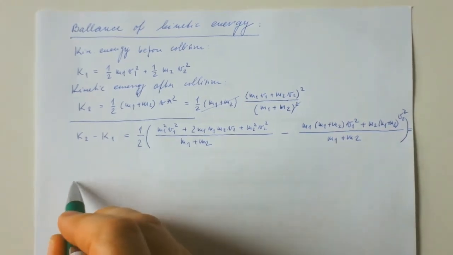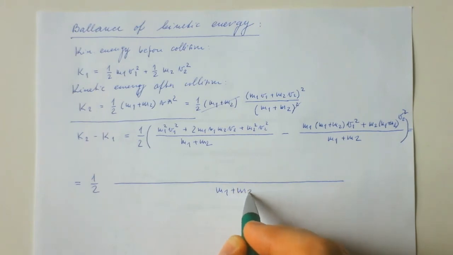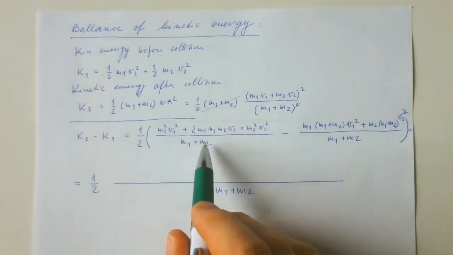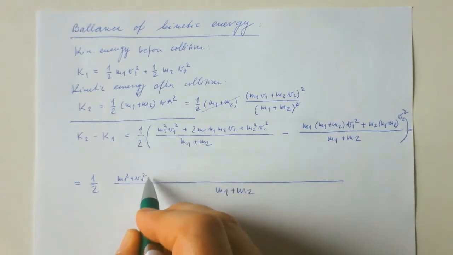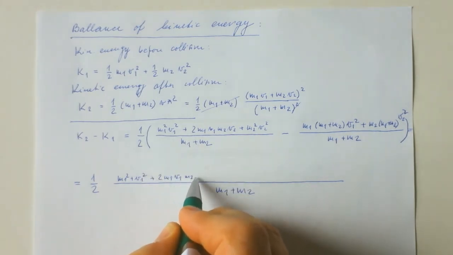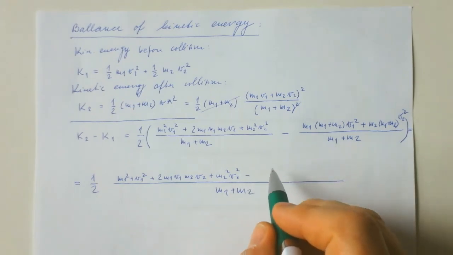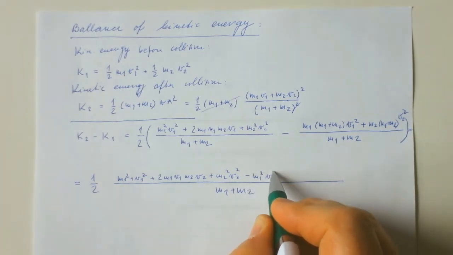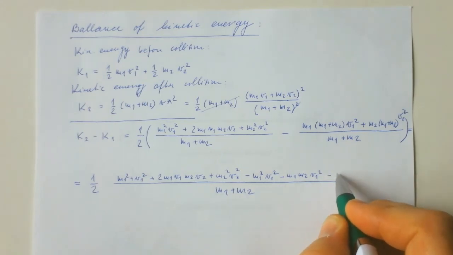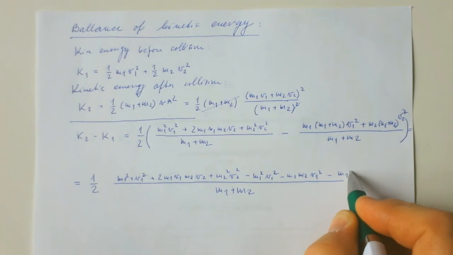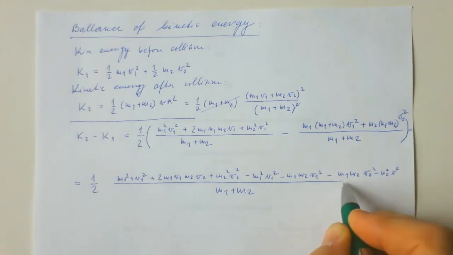So it is equal to 1/2 of 1 over m1 plus m2, because there is the same denominator for these terms, and we can rewrite the numerator minus m1 square v1 square minus m1 m2 v1 square minus m1 m2 v2 square minus m2 square v2 square.